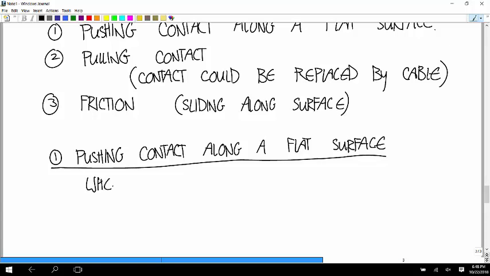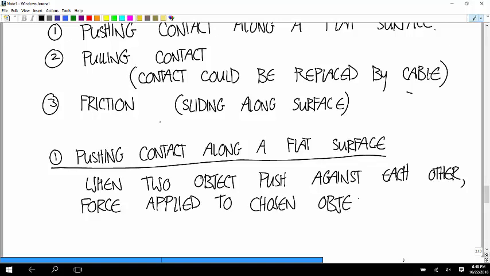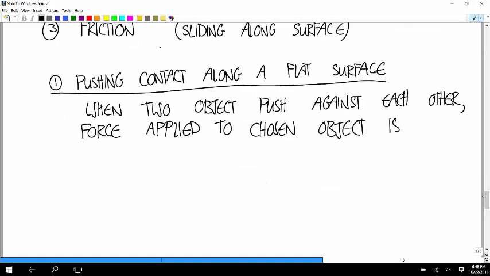So whenever two objects are pushing on each other, and you can't have one pushing and one pulling, it doesn't work like that, when two objects push against each other, the force applied to the chosen object is, so there are two things you have to remember.